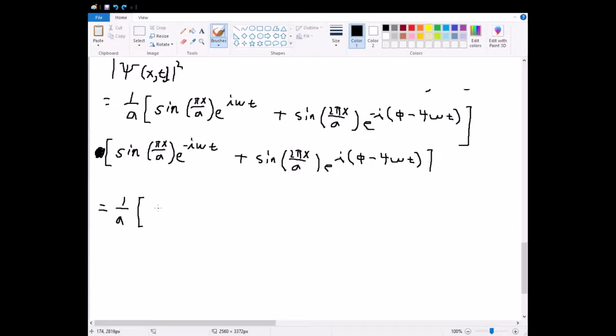So we have sine squared of pi x over a. And then let's do 1 on the top and 2 on the bottom here. This is going to give us sine of pi x over a times sine of 2 pi x over a.